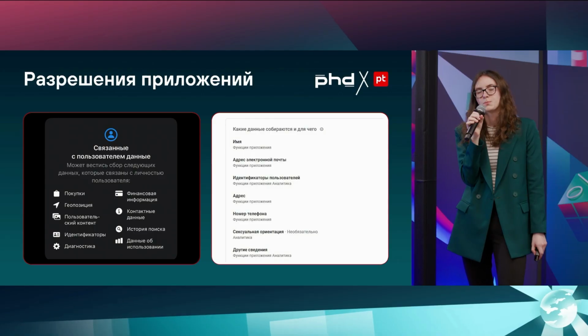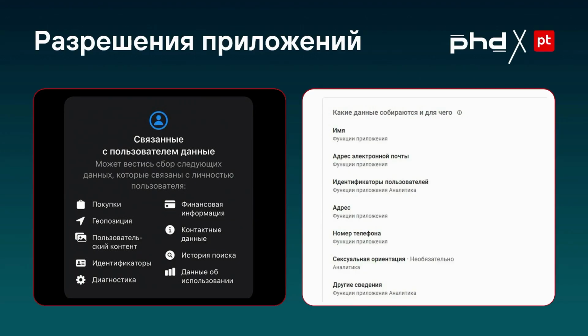The next thing is application permissions. I have a story that when I download new products or new apps, I like how the apps ask me to grant access to anything.